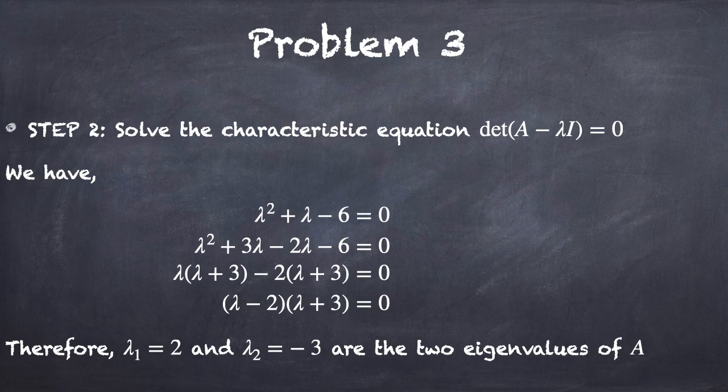Because this is possible, we factor out lambda from the first two terms and negative 2 from the second two terms. We get the factorization lambda minus 2 times lambda plus 3. This tells you that lambda 1 equals 2 and lambda 2 equals negative 3. These are the two eigenvalues of the matrix A.